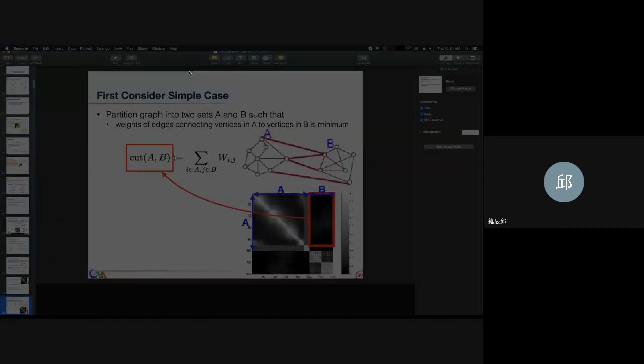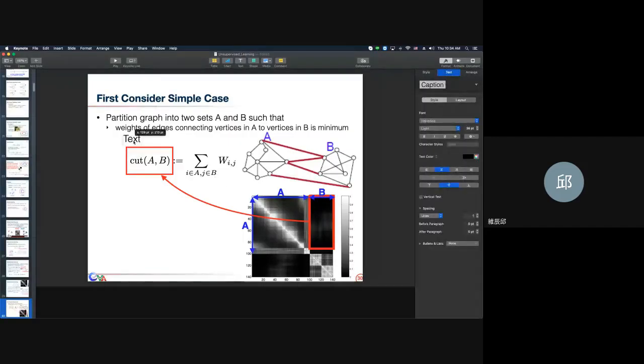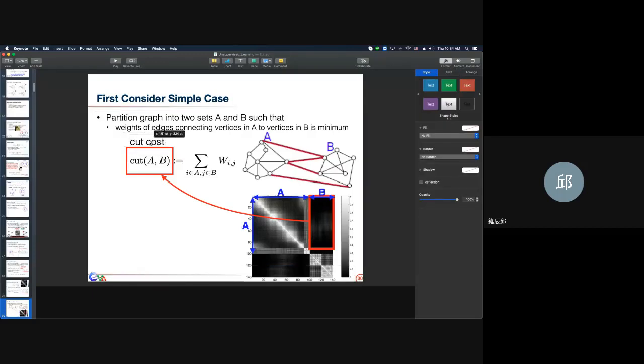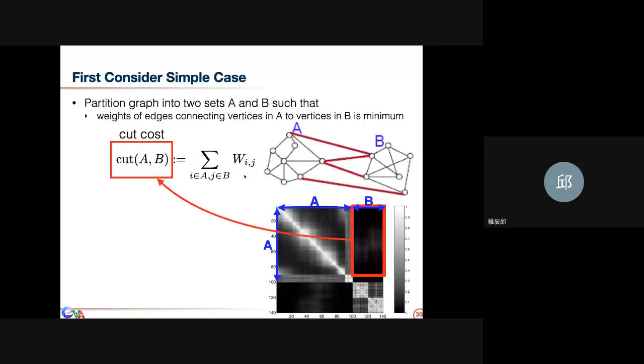This is the cut cost. It contains the weight of the edges connecting across A and B, and this cut cost can actually be mapped to a certain area in the similarity matrix.